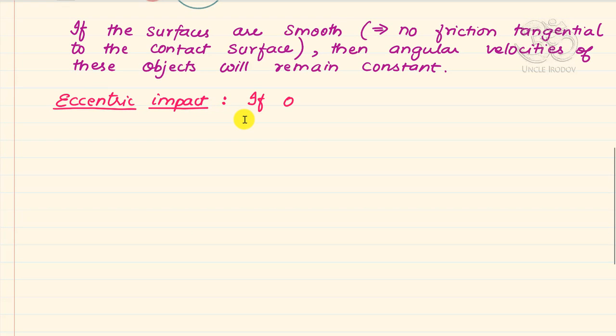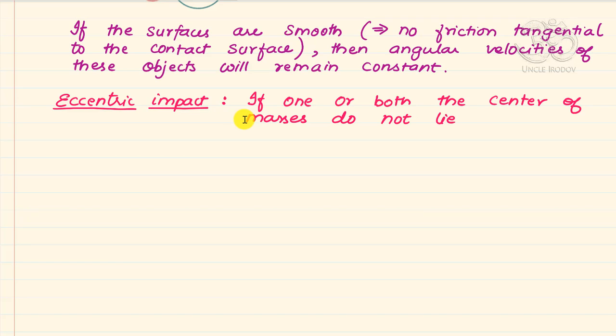So if one or both the centers of masses do not lie on the line of impact. And how can that be?